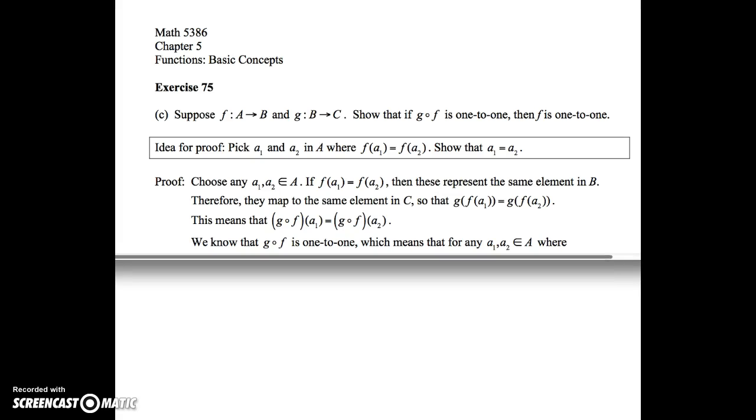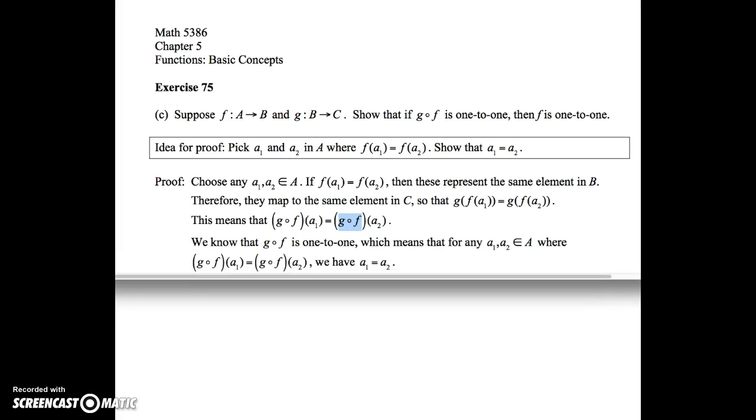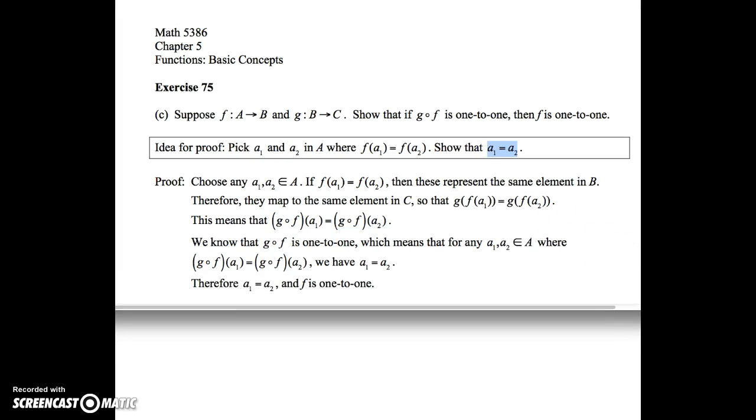And since we know g of f is 1 to 1, that's what we were given up here, that means for every two values a1 and a2 in the domain of g of f, where g of f of a1 is equal to g of f of a2, we do have a1 is equal to a2. That's exactly what I wanted to prove. And so therefore, a1 equals a2 and f is 1 to 1.